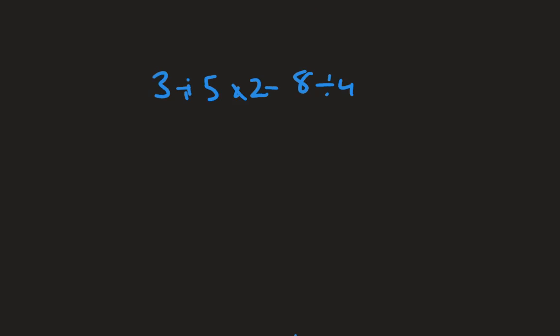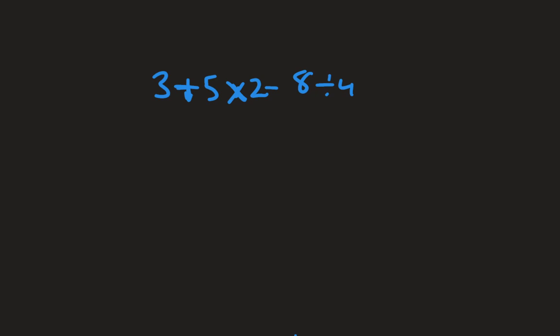On the board, I wrote this problem: 3 plus 5 times 2 minus 8 divided by 4. Because we have different operations going on right here, we have to follow the order.